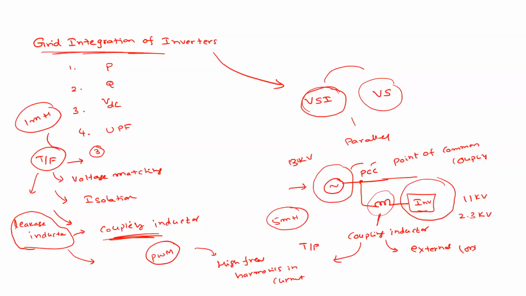The other thing required when integrating to the grid is the PLL. What is PLL? PLL is known as phase lock loop.